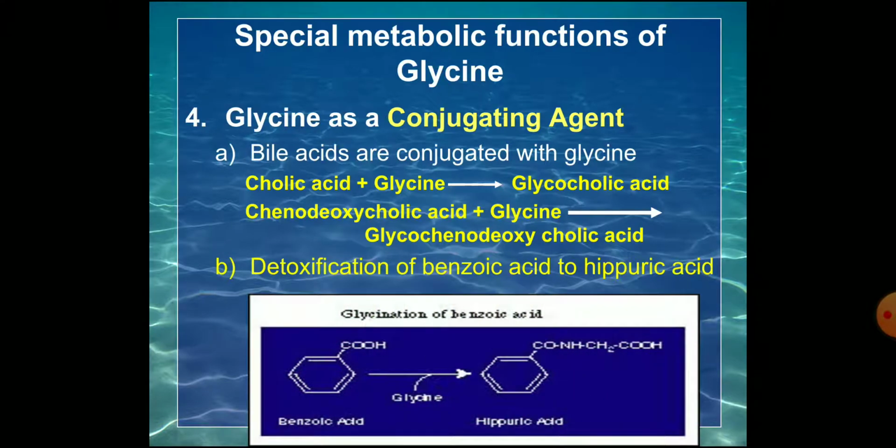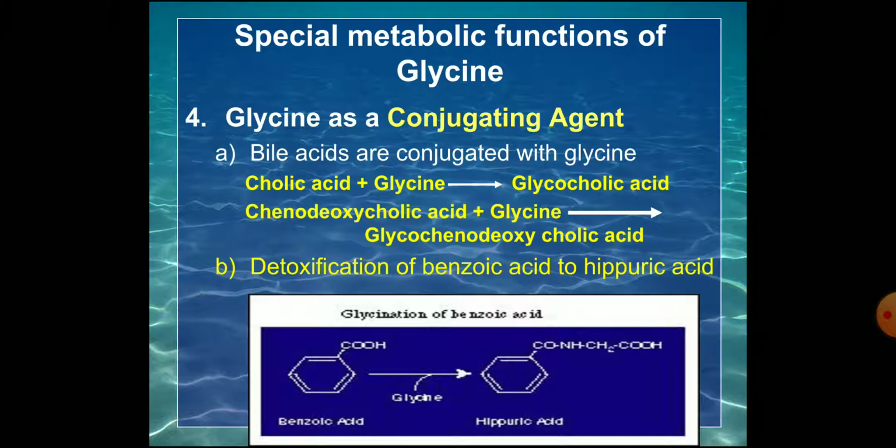Another detoxification reaction is the detoxification of benzoic acid to hippuric acid. We have already mentioned that hippuric acid is produced from glycine. How does it occur? Benzoic acid is used as a food additive for storage of various foodstuffs. When it is present in excess quantity in the body, it has to be detoxified. This detoxification is done by combining benzoic acid with glycine to form hippuric acid.